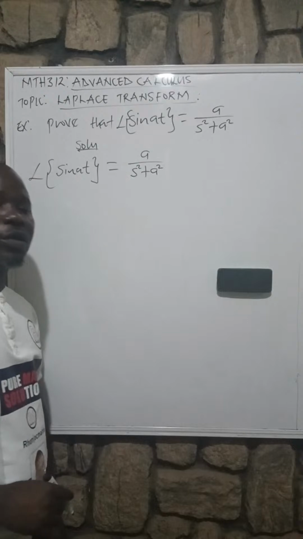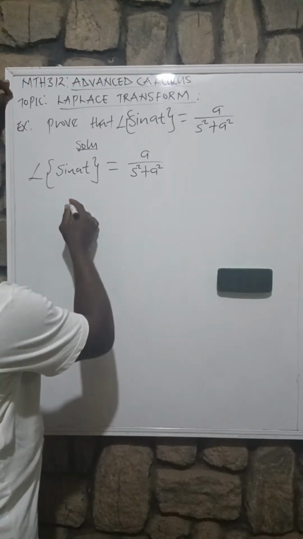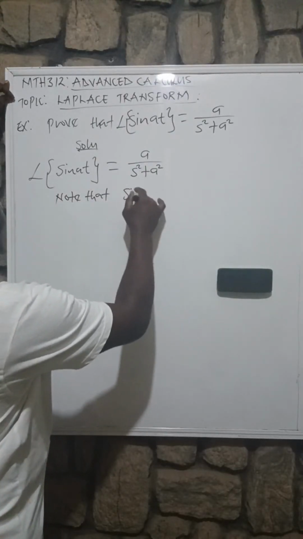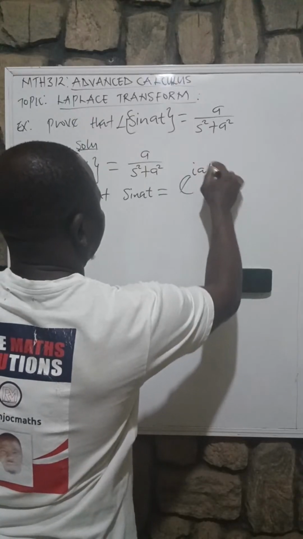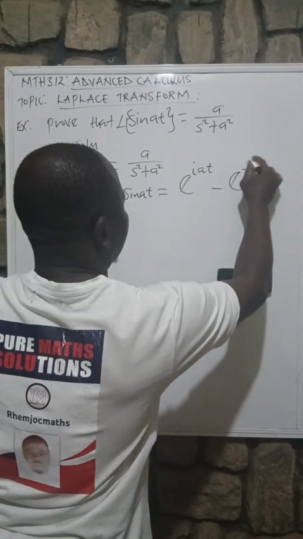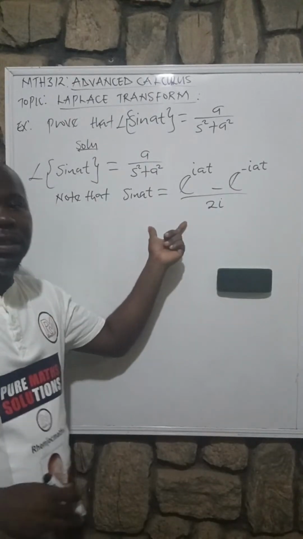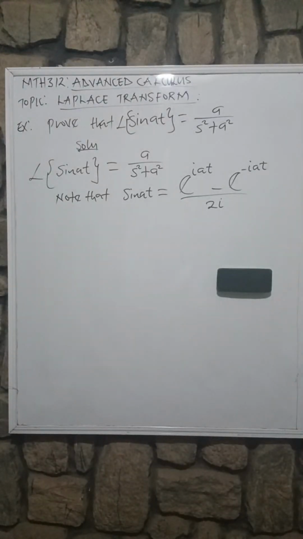I want us to note that in hyperbolic functions, sine at is the same thing as exponential i at minus exponential minus i at all over 2i, if you were taught hyperbolic functions properly. So take notes. Do you agree with me? So far, so good.